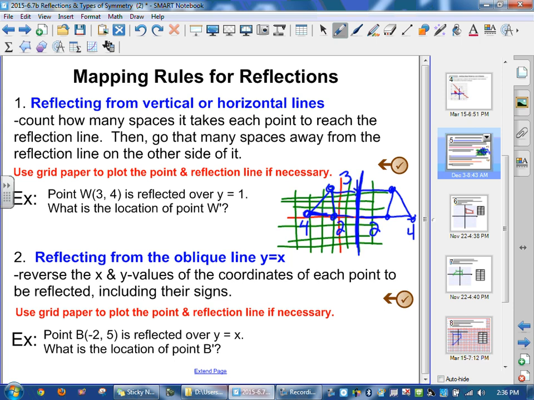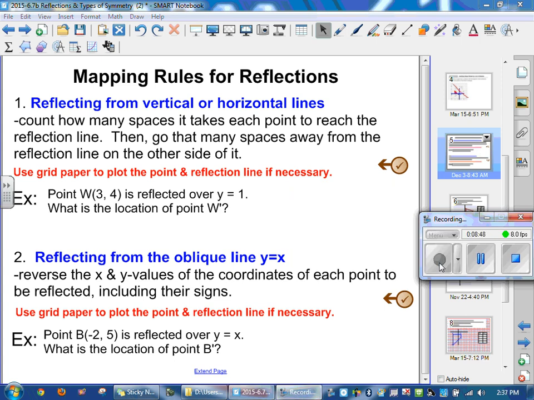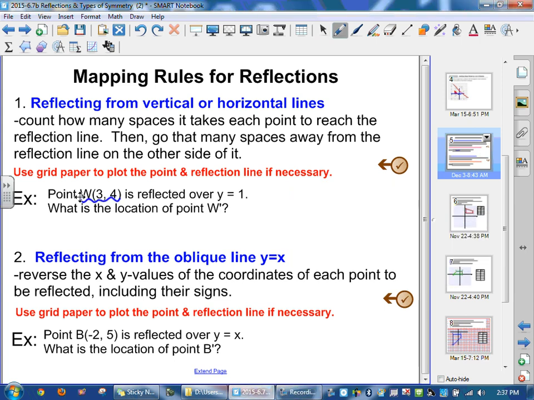So the question it's asking us, for example, says we have a point, W. He's on 3, 4. So if I were to put a point on positive 3, positive 4, way up here, there's 3, 4. And it says it wants to reflect over a line that y equals 1. How do I know where to draw that line, y equals 1?